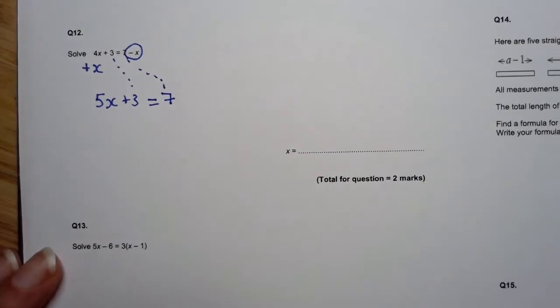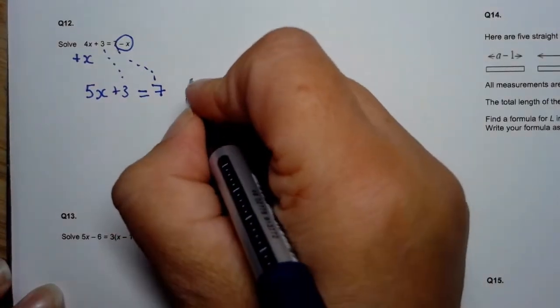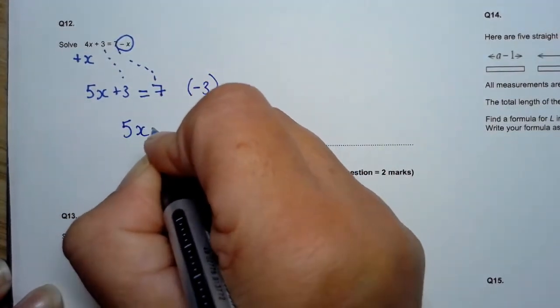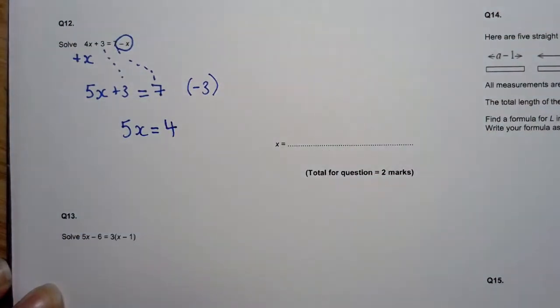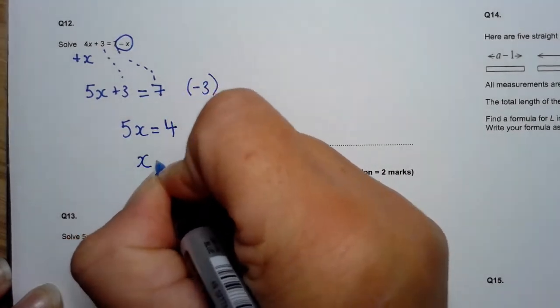So 5x plus 3 equals 7. I then undo the plus 3 by subtracting 3, so I get 5x equals 4. Now be careful with this, make sure you get your division right at this point.